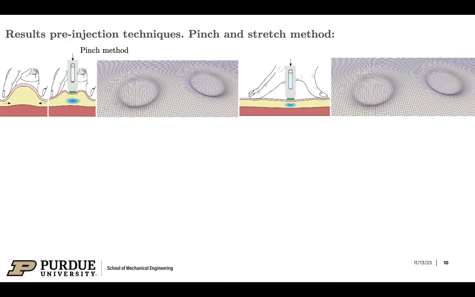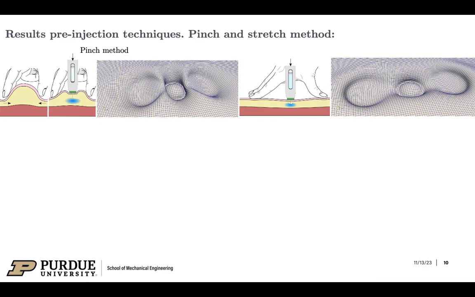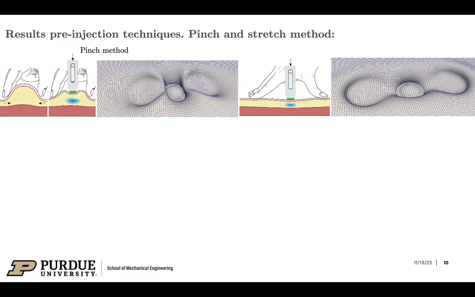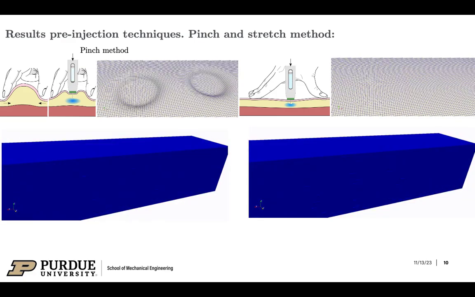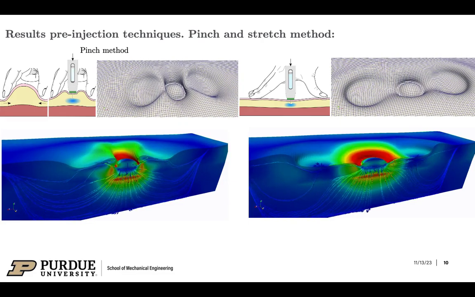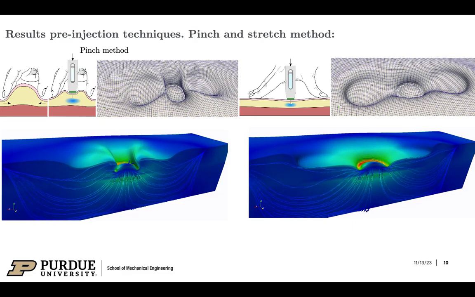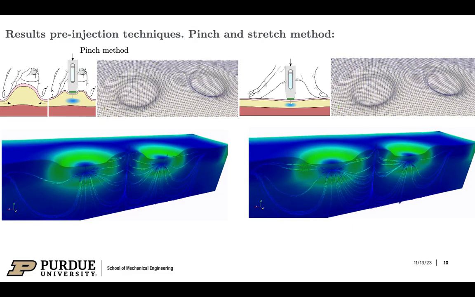So these animations correspond to a top view of the deformation of the skin while performing the pinch and stretch. And here we can see animations of the velocity magnitude field and the velocity streamlines during the injection process.